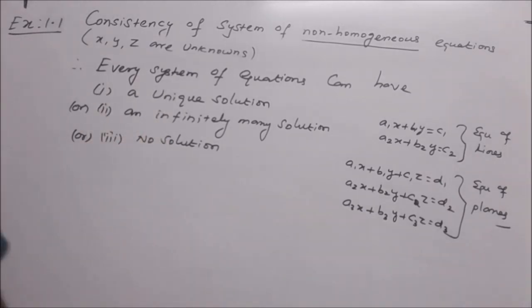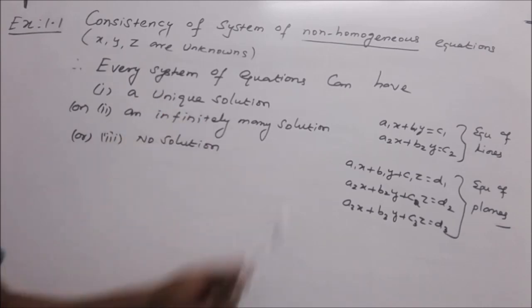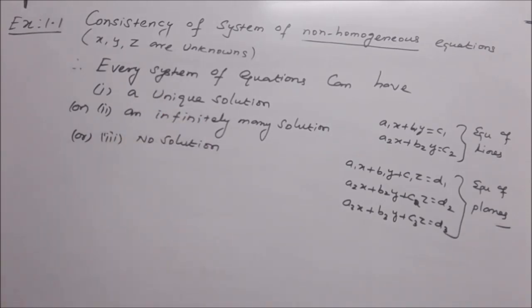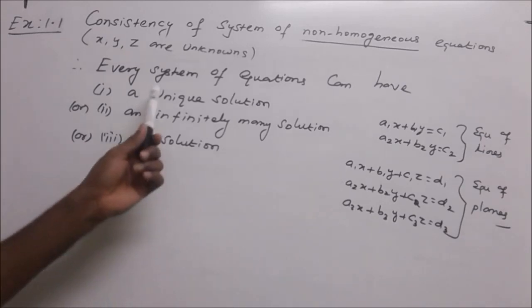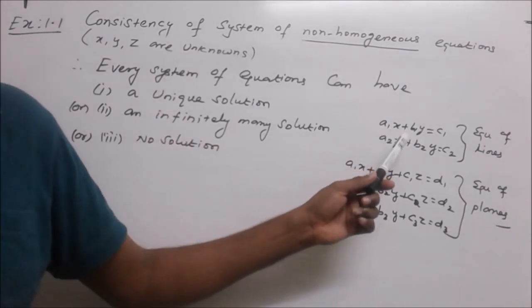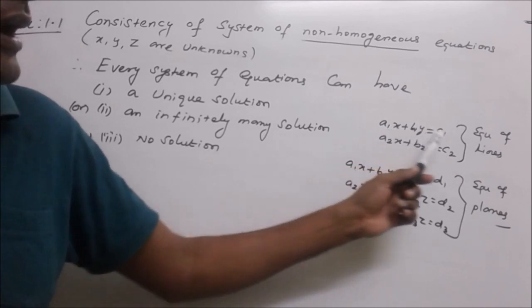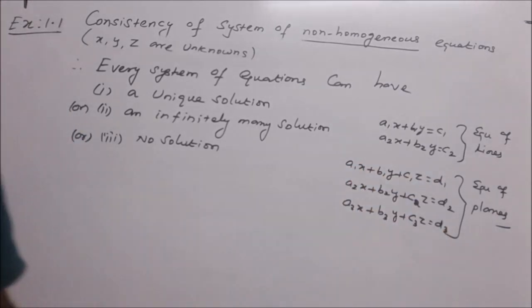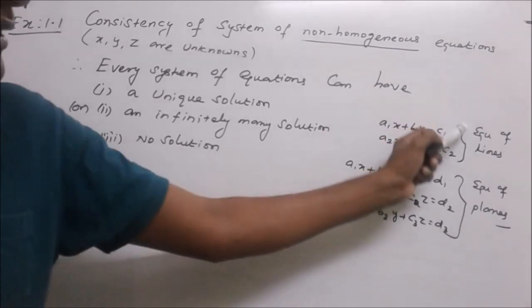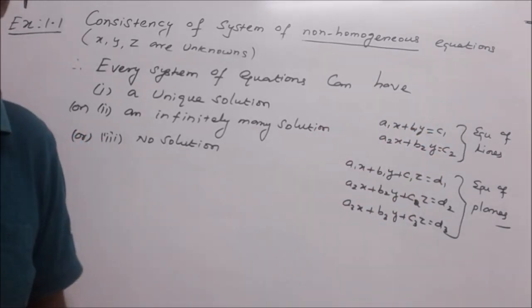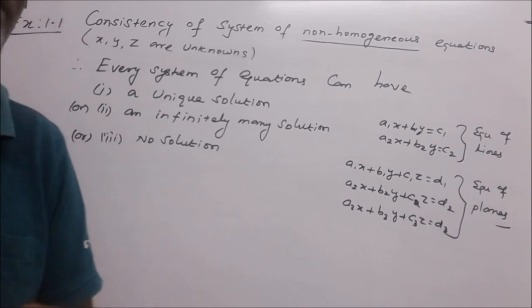So every system of equations can have a unique solution or infinitely many solutions or no solution. First we have discussed lines a1x plus b1y equal to c1, a2x plus b2y equal to c2. These system of equations represents system of lines.